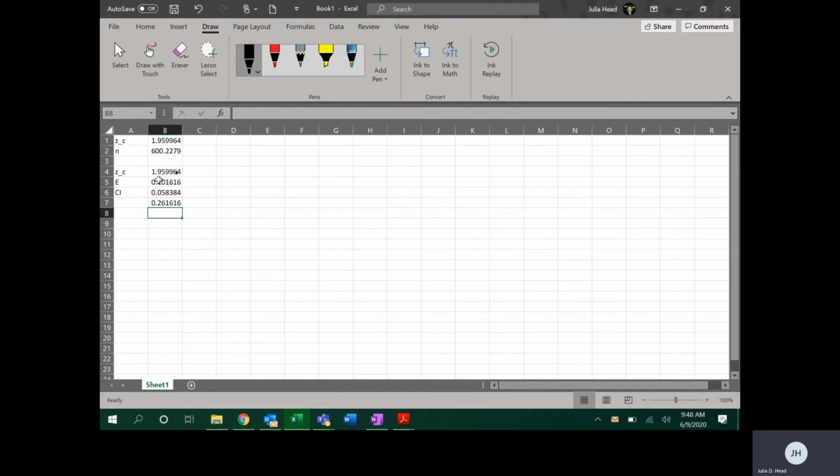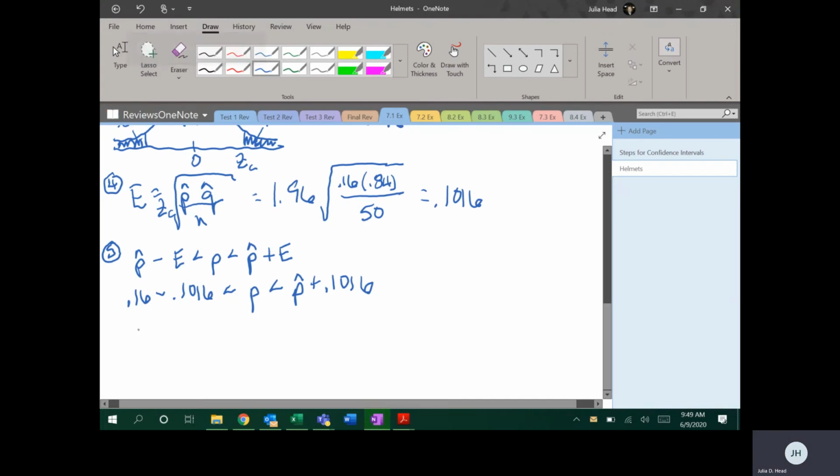So 0.0584 and 0.2616. Oops, I left off the 0.16. So there is my confidence interval.